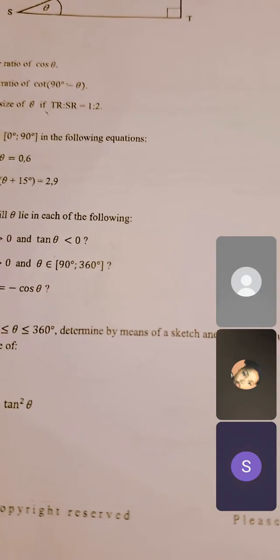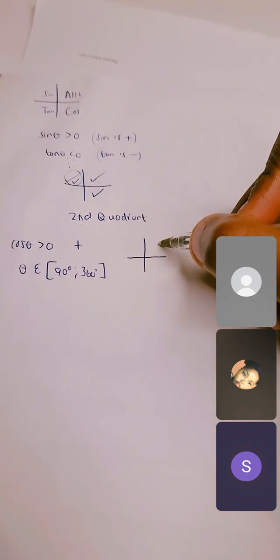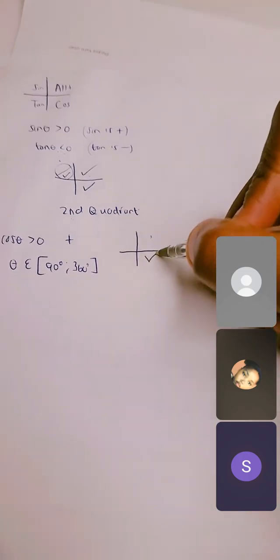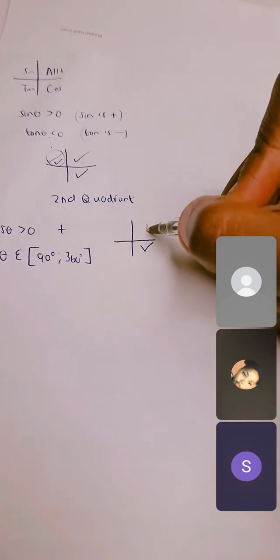From the second quadrant to the fourth quadrant. Okay, so let's come here and tick. Firstly, cos is positive. Which quadrant? Cos is positive in the fourth and first quadrants.